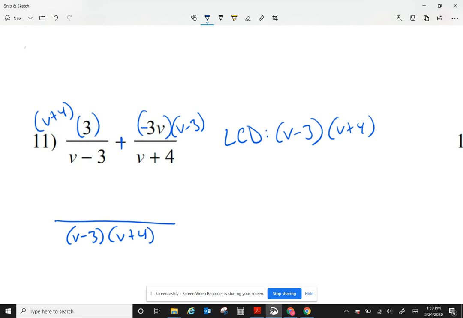On the first fraction, when I multiply those two out, I should get 3v plus 12. Looking at the second fraction, when I multiply those two parentheses, I should get negative 3v squared plus 9v.